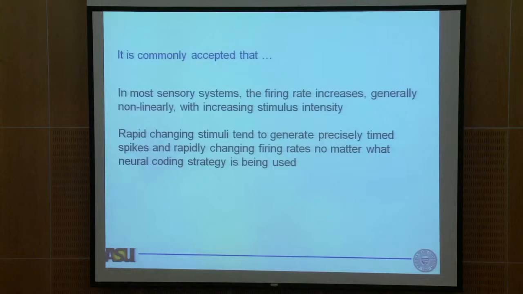This especially refers to the auditory cortex, for example, and the visual cortex. And rapidly changing stimuli tend to generate precisely timed or synchronized spike firing. These conclusions are reasonably established, reasonably accepted for sensory systems.